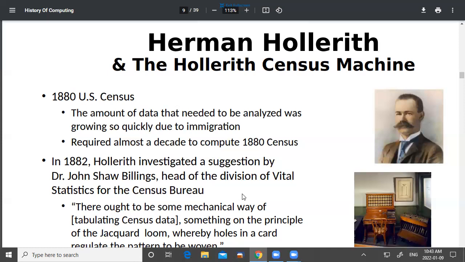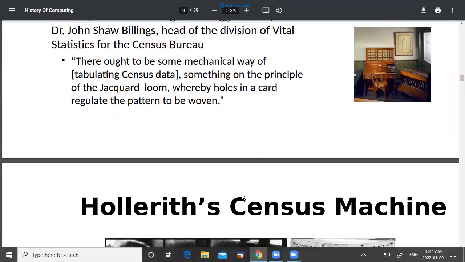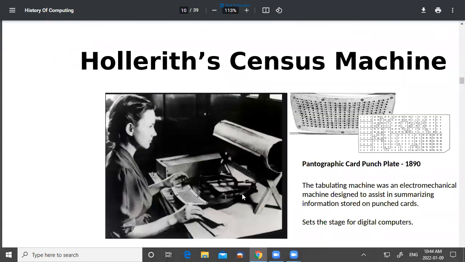So he came up with the Hollerith machine. You had a special kind of typewriter which would enter the information onto a card, and then the cards could be read and collated, and you could do a much quicker totaling of the number of people. And that's what this is trying to show.